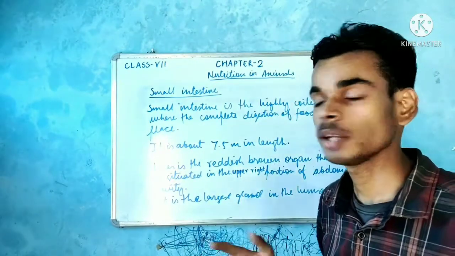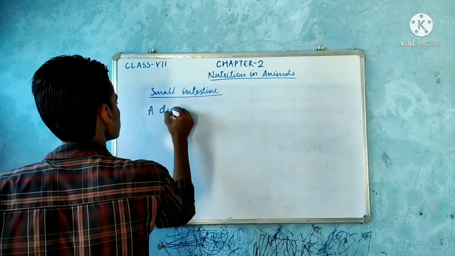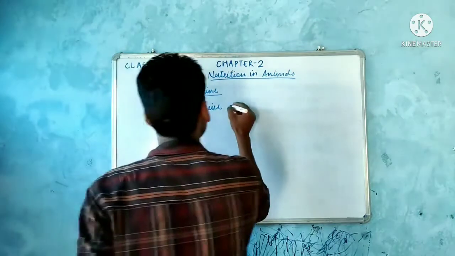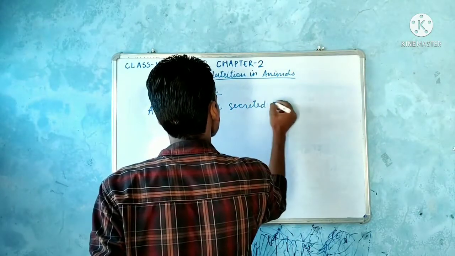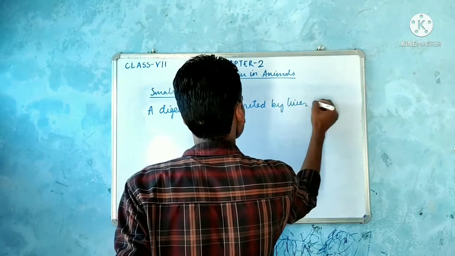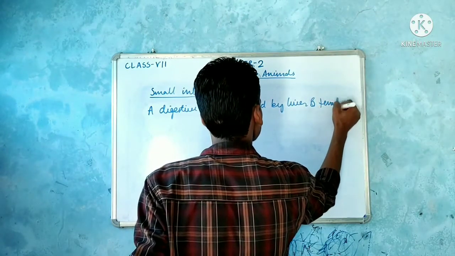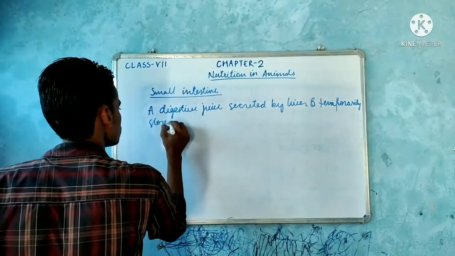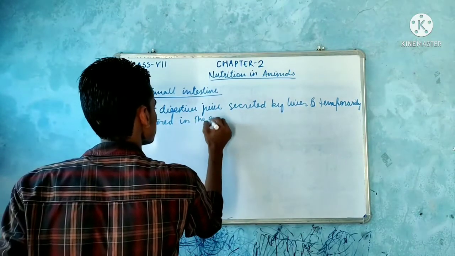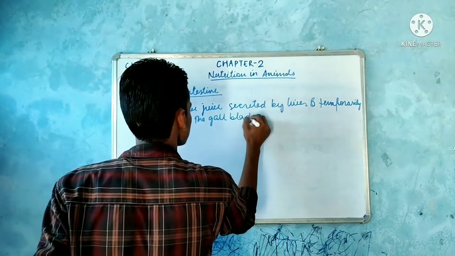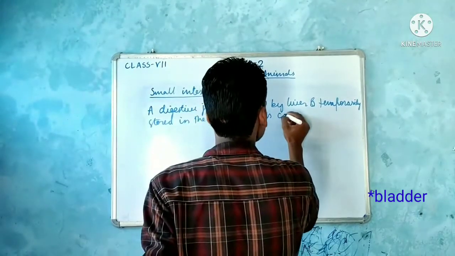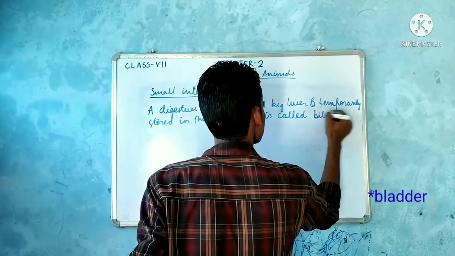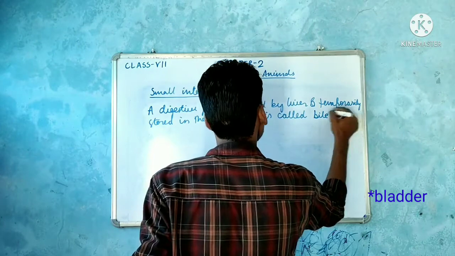Digestive juice secreted by liver and temporarily stored in the gallbladder is called bile juice.